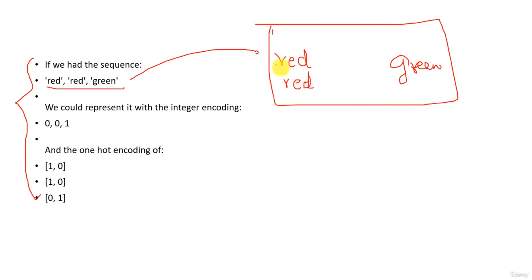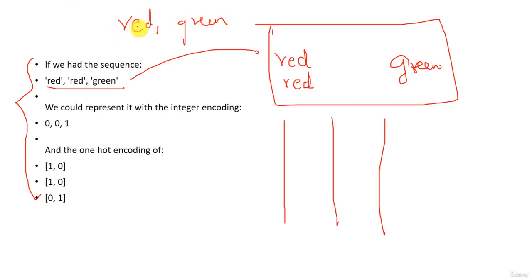Now in order to encode this using a one-hot encoder, we will represent it with 0 and 1. That means for each unique category you create a column for it. See here in our total data how many unique categories are there. It is either red or green. You do not need to count red twice, because once red is written, it is unique.